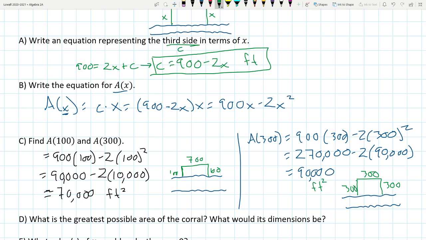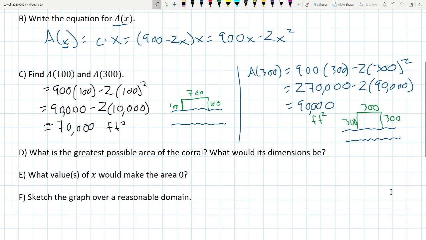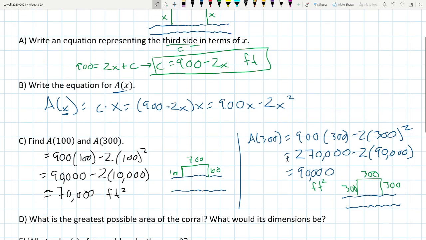Okay, here's the question. What would be the greatest possible area? Here's an interesting problem because we have no way of knowing that, at least initially. But think about this. Remember, the area is represented by this quadratic equation right here.